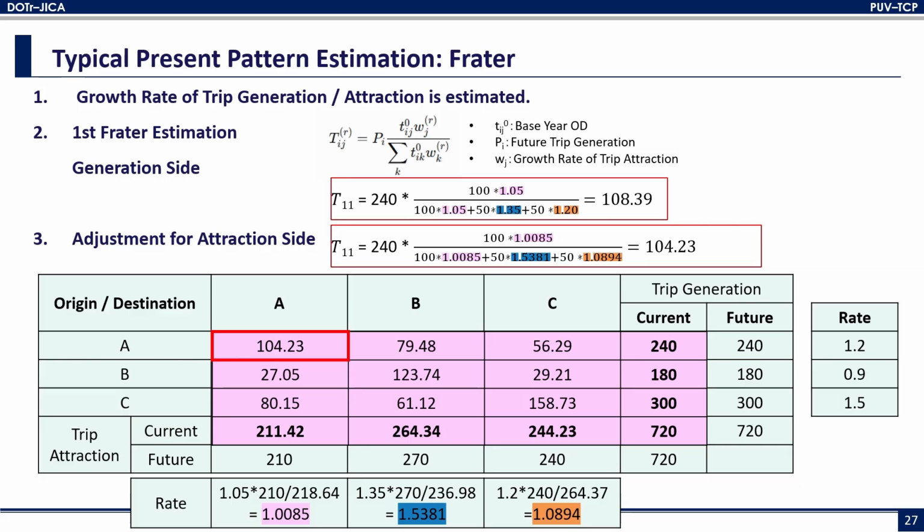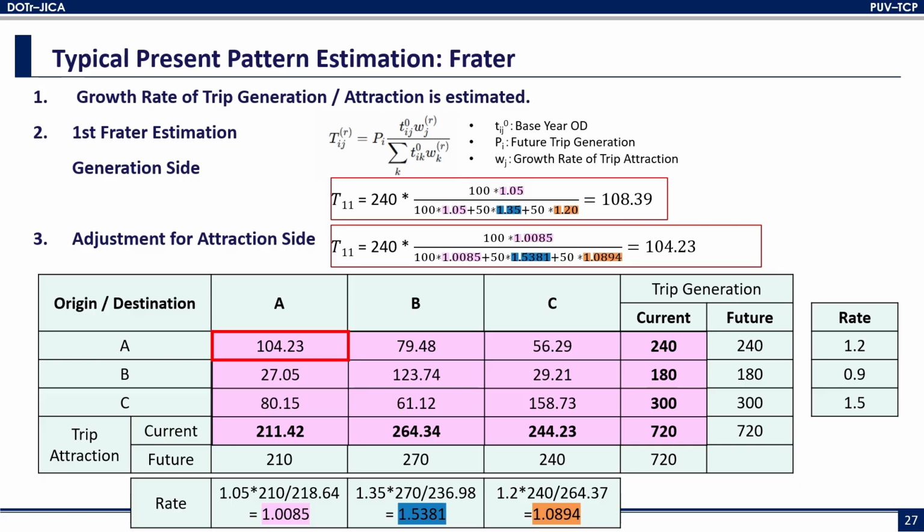From this result, the number of trip distributions from zone A to A is estimated as 104.23. Then when these values are summarized, the future trip generation was still 240, and the trip attractions is 211.42.